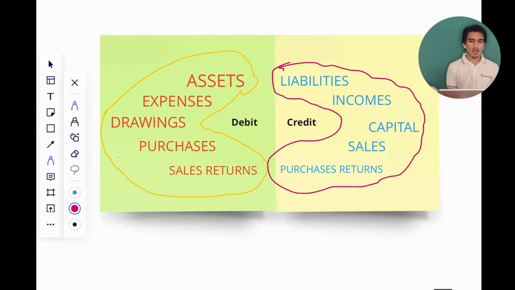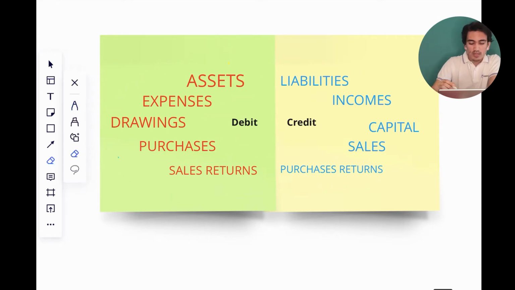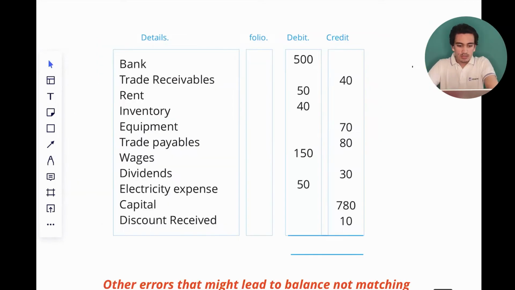And if they have a balance on the other side, that means we have not added them correctly to our trial balance. So now let's look at our trial balance with this new information and see what errors it might have. So we are back to our flawed trial balance, and let's correct all the errors in it.